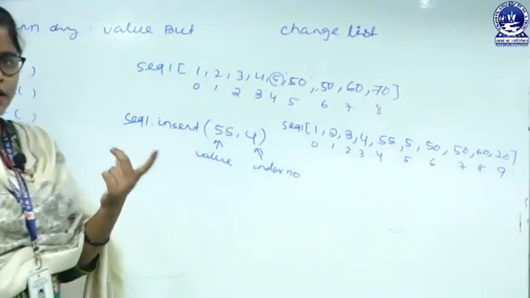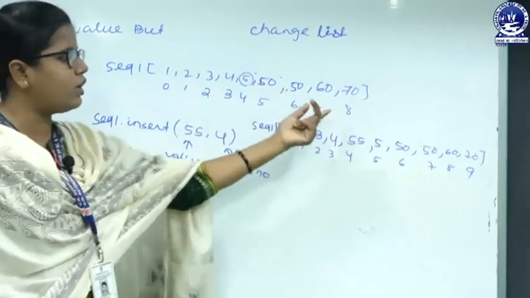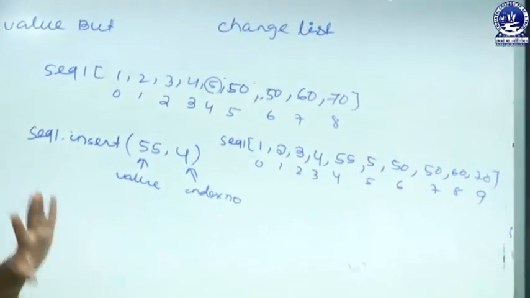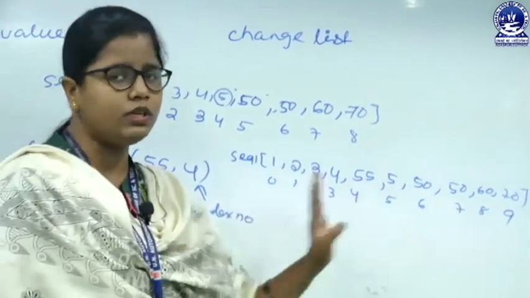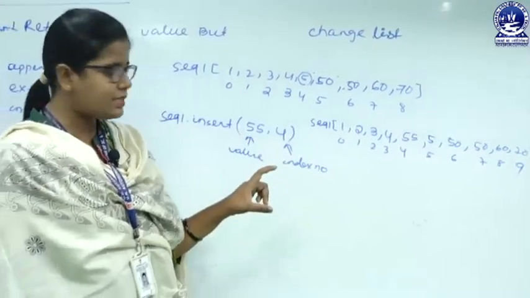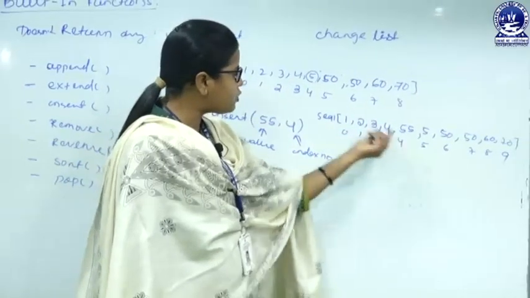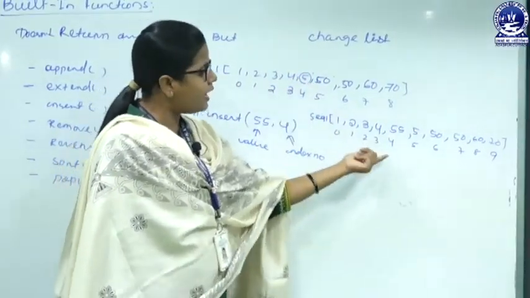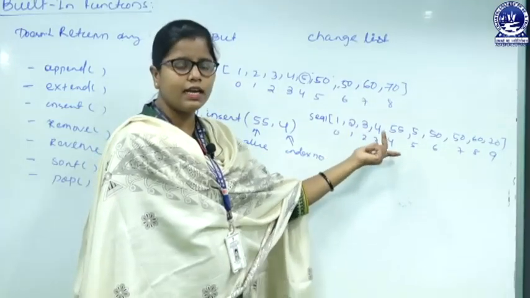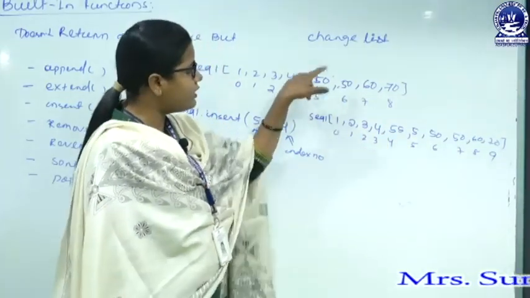If our index ranged from 0 to 8, after inserting another element, obviously the index will range from 0 to 9. How is that possible? Because at index 4, 5 was there previously, now 55 will get inserted at index 4, and 5 will be shifted to the right.